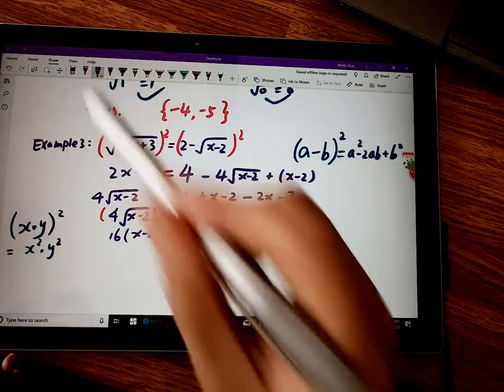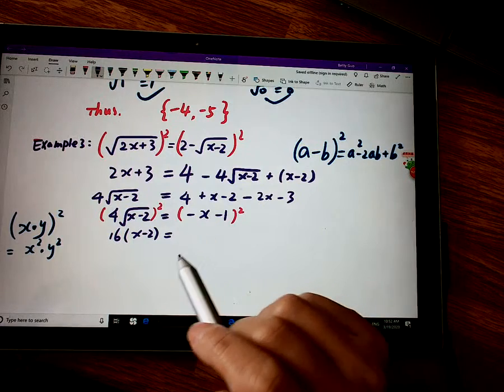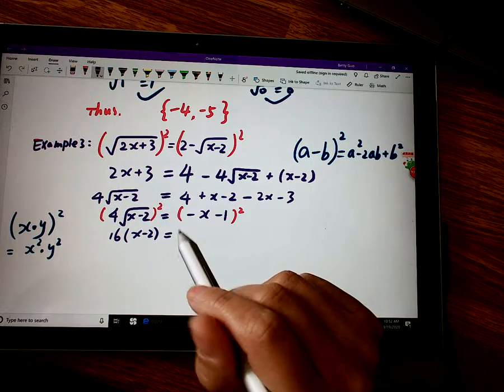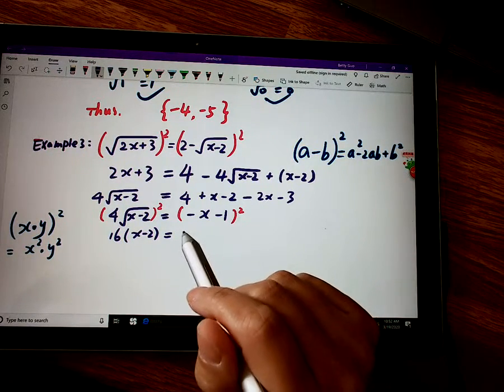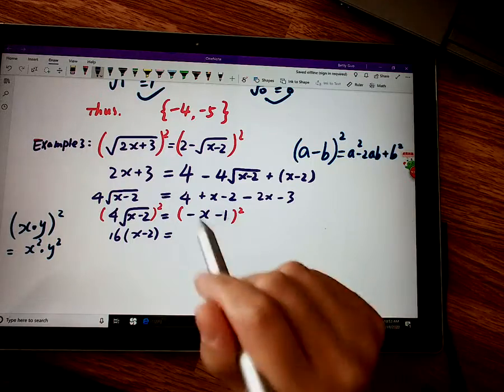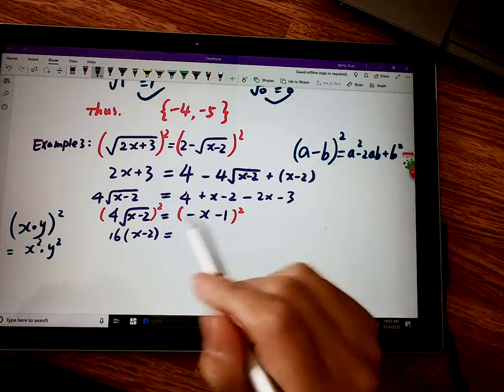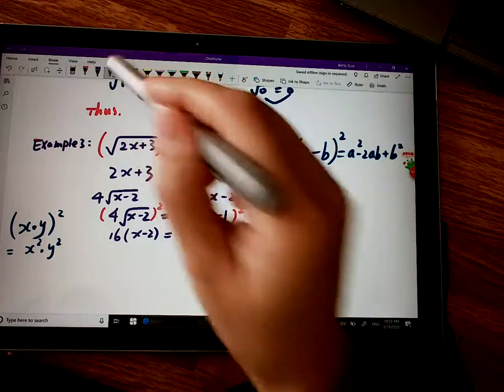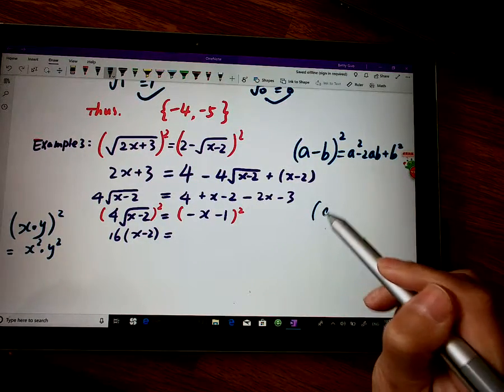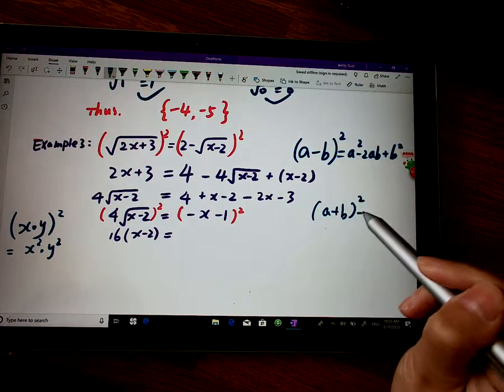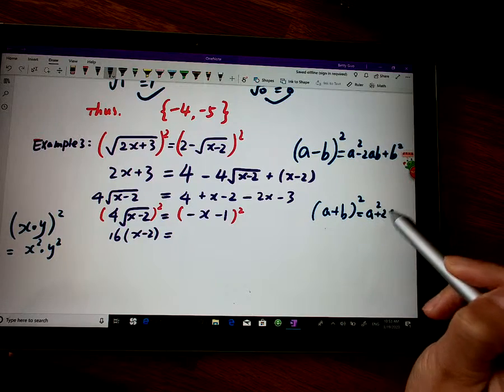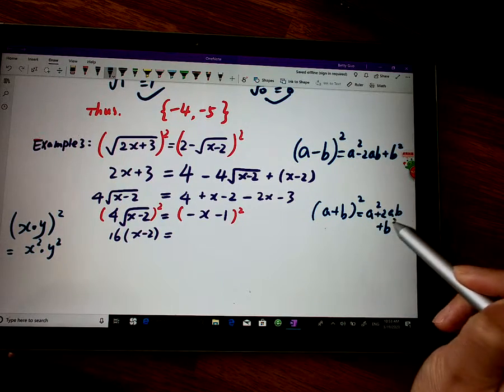On the right-hand side, yeah, this problem is a bit challenging. It requires a lot of basic algebra. So whatever formulas you want to apply, you could apply this formula: a plus b to the power of 2 equals a squared plus 2ab plus b squared.